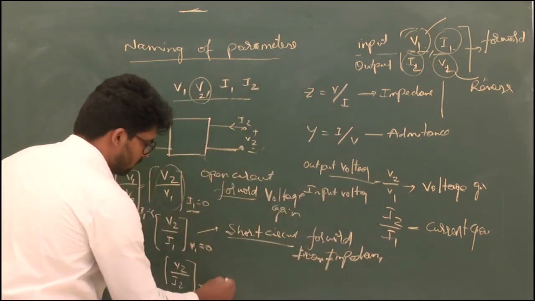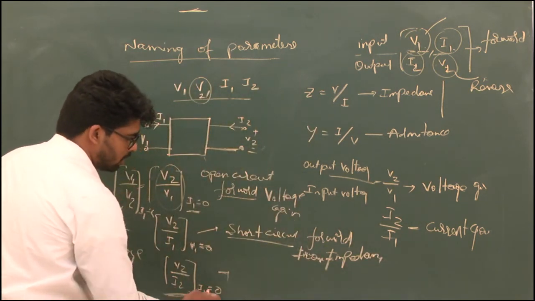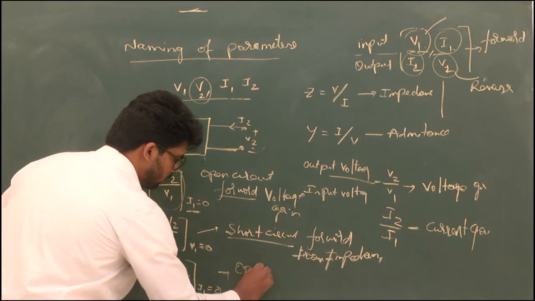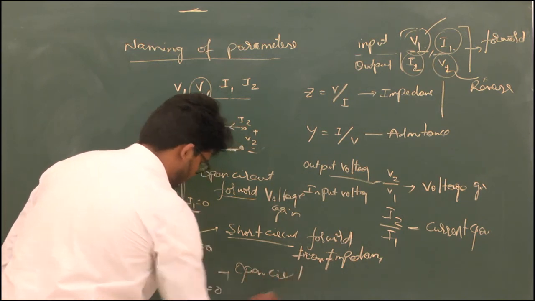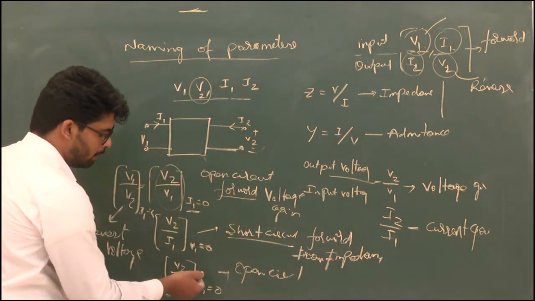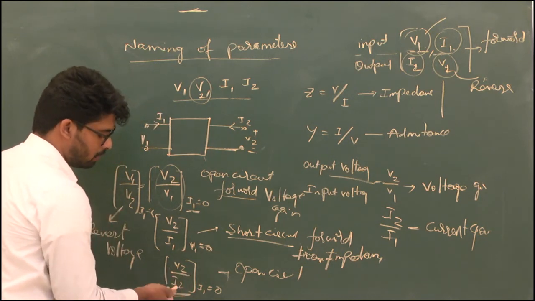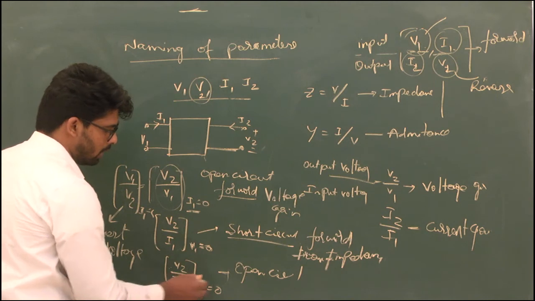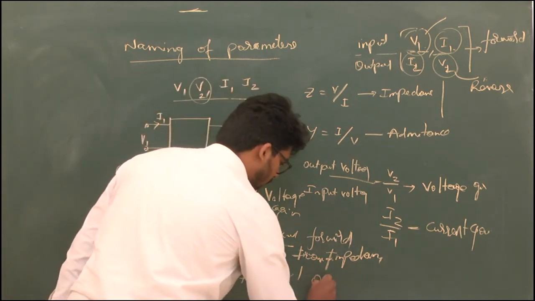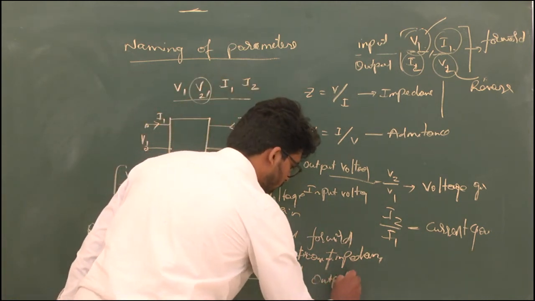Similarly, for V1 equal to 0 and V2 by I1, you get an impedance of only a single port, the second port. Therefore, this is called the open circuit output port output impedance.